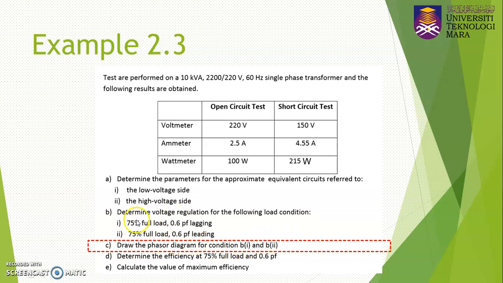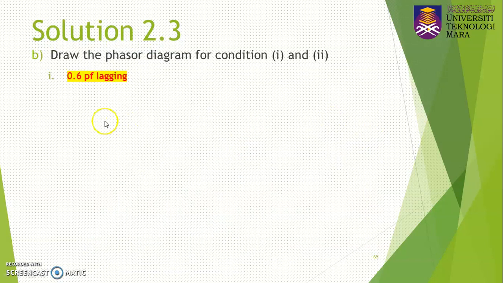B1 here means that you need to draw the phasor diagram for a case where your load is at 0.6 power factor lagging, and after that you need to redraw your phasor diagram for a case where the load is at 0.6 power factor leading. So let's move to the step-by-step on how to draw the phasor diagram.